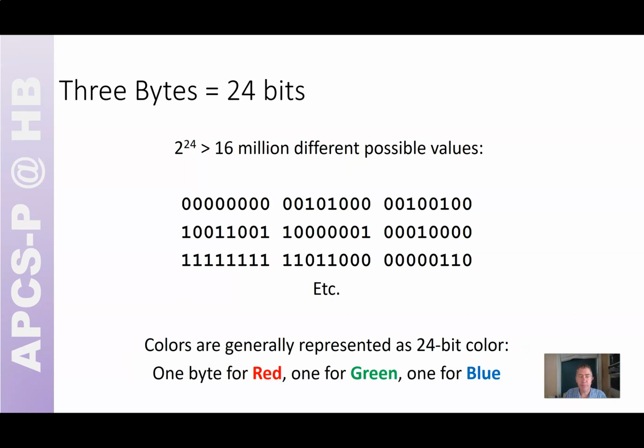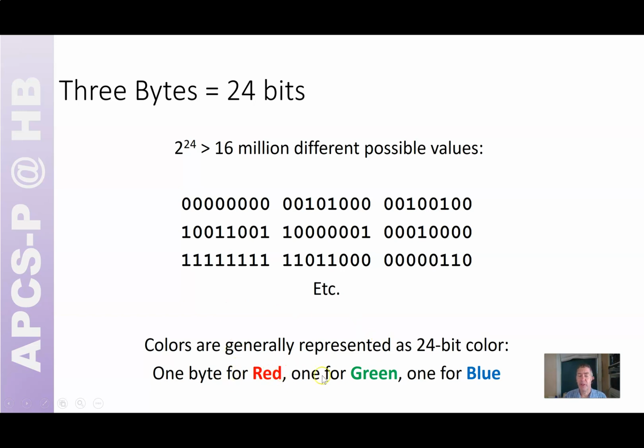So there we go. With 3 bytes, you have 2 to the 24th, which is just over 16 million different possible values. And in fact, here is a particular 24-bit, 3-byte number. Colors are generally represented with 24-bit color on modern computers.